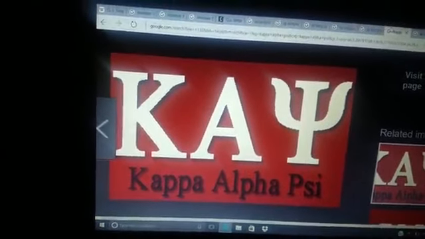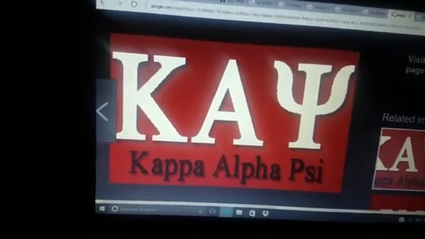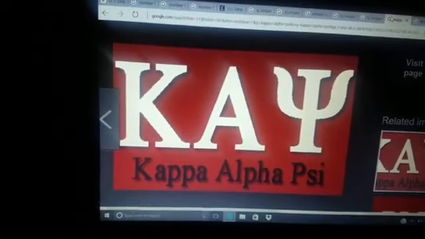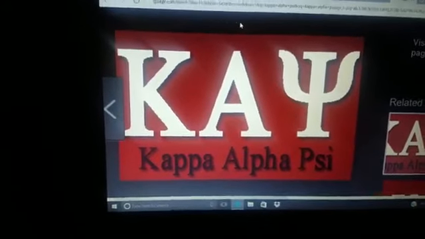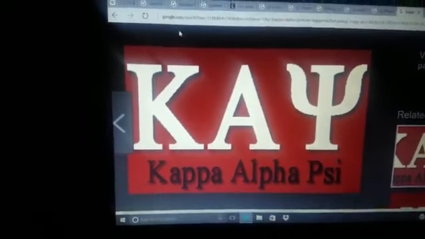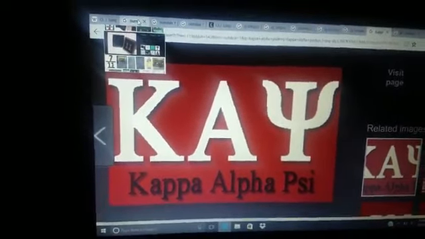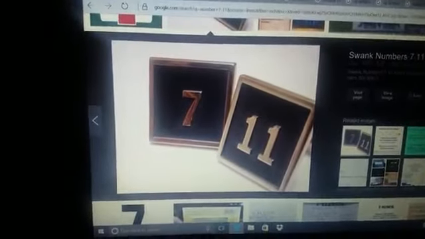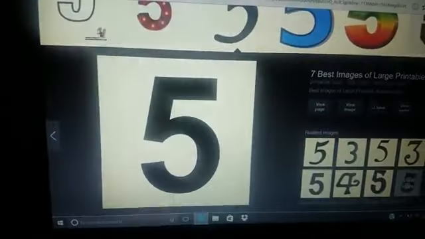So nobody can say that I didn't know the information behind this ritual. Okay? O.J. Simpson, this whole thing is a hoax, and it's going to be tied in deeply with Super Bowl 52. Super Bowl 52 in Minnesota is going to go back to these numbers: 7-Eleven, 13, and 5.